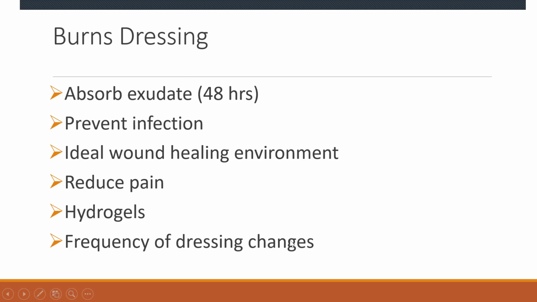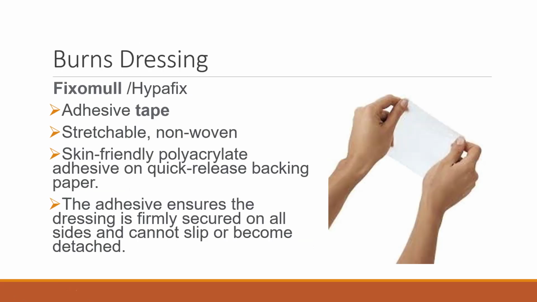And for the burn, you need to change the dressing very often. 因为这些水分的渗出物，所以你的那个伤口的敷料可能要经常的更换。Okay. So for the burn dressing, normally there are two brands, Fixomull or Hypafix. It is an adhesive tape.